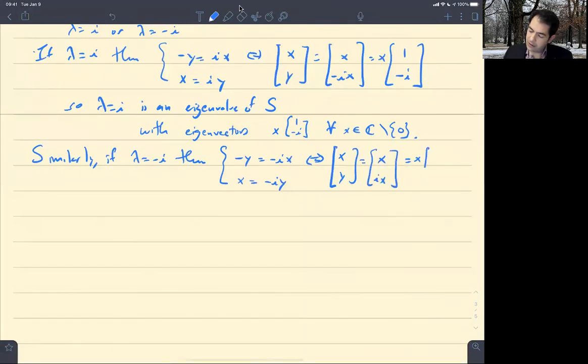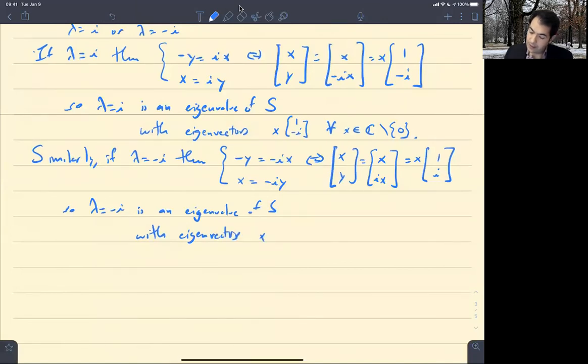So we just get x times (1, i). And so we say lambda equal to minus i is an eigenvalue of S with eigenvectors x times (1, i) for every complex number x not 0.